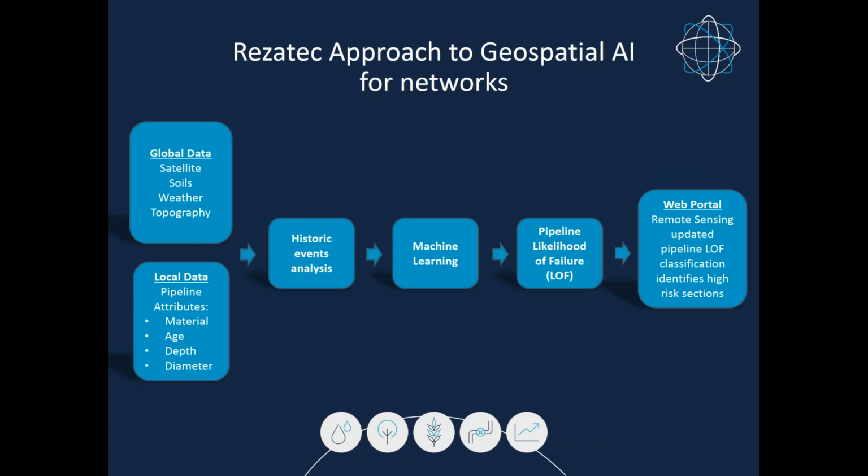Likewise, we look at vegetation, proximity of vegetation, rooted vegetation to your infrastructure, as well as a number of other data sets. So soils, not only the classification of soil, but understanding the pH, the organic material, etc. Weather, topography, all of those components will influence the external influences to your infrastructure.